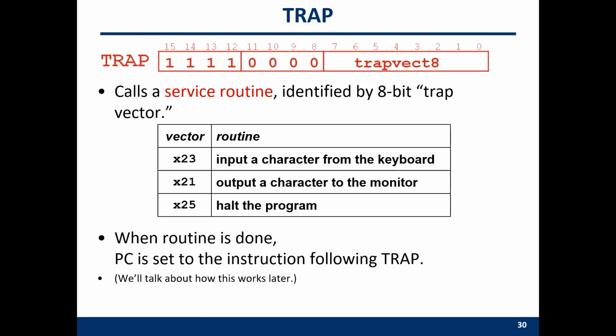For example, 23 indicates input a character from the keyboard, 21 means output, and 25 means you halt the program.